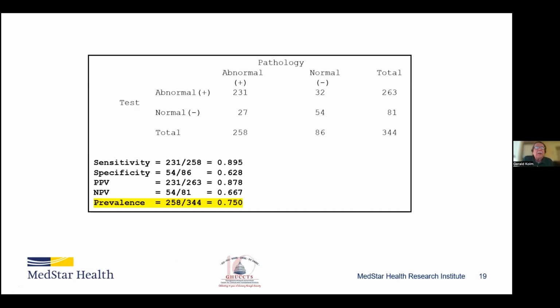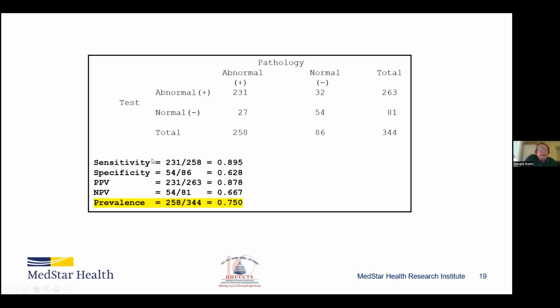So let me give a concrete example and put in some numbers for a test where we're getting an abnormal or normal test on some pathology. We have our test results here, normal or abnormal, and then the actual state of the disease, normal or abnormal. So we can calculate our different statistics.